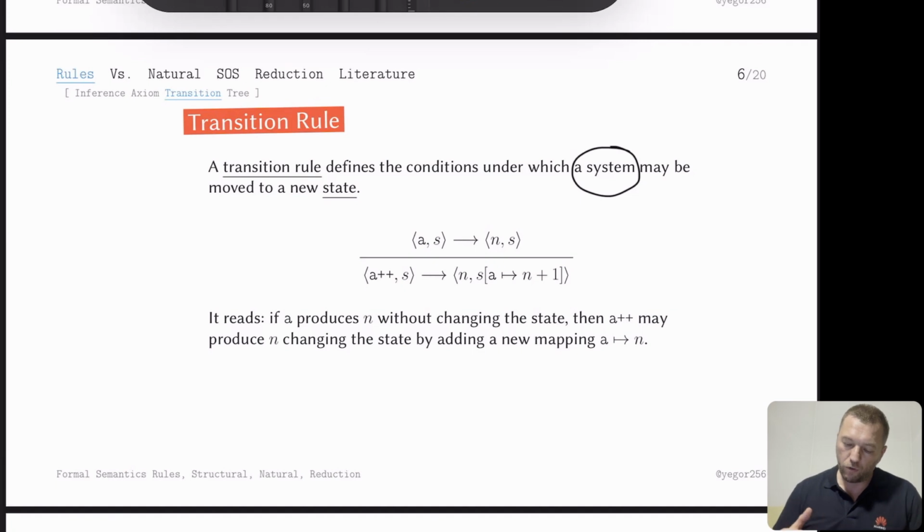By using the transition rule, we define the conditions under which the calculator, the computer, which is staying in one state, can move to a different state. What should happen to it?